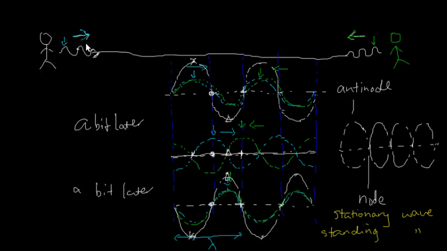This kind of wave, which actually travels to another place, also has a name. It's either called a progressive wave, or we can call it a traveling wave. So we have two types of wave. There are these two basic types of wave, the traveling wave and the standing wave.